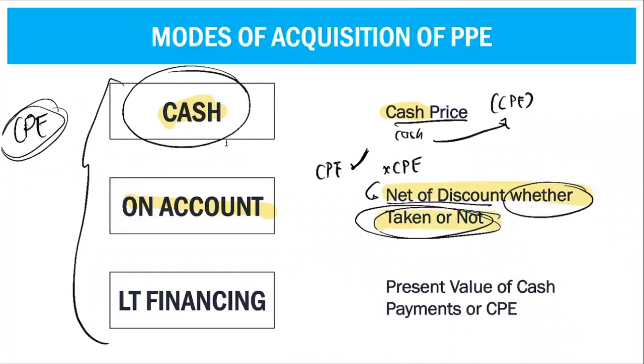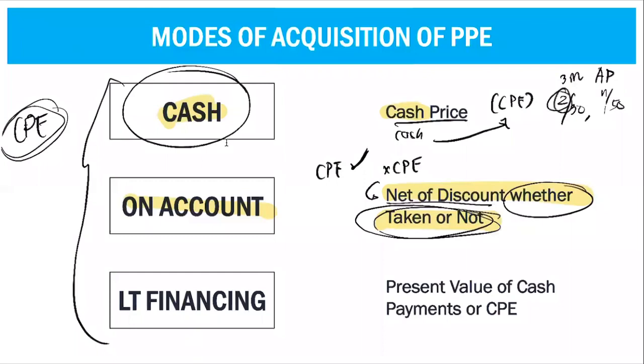So kahit man kinuha natin or hindi, i-record mo yung property, plant, and equipment net of discount. So for example, purchase property, plant, and equipment 3 million pesos on account. If you will pay within 30 days, you will get 2% discount. If you will pay after 50 days, you don't have any discount.